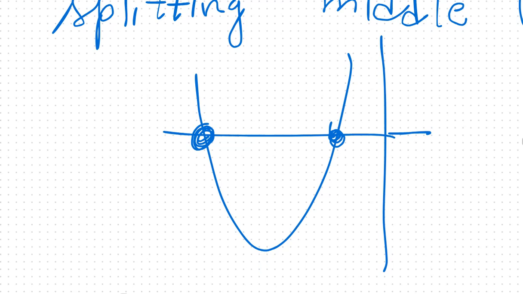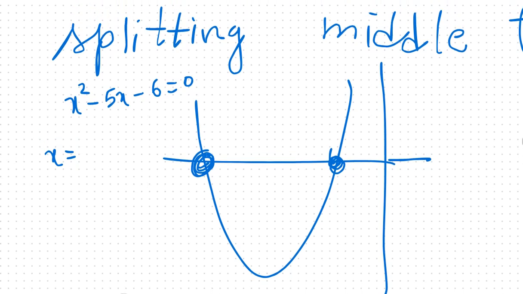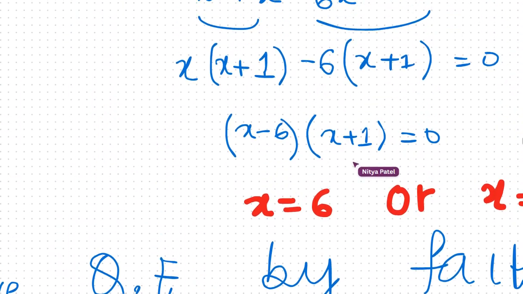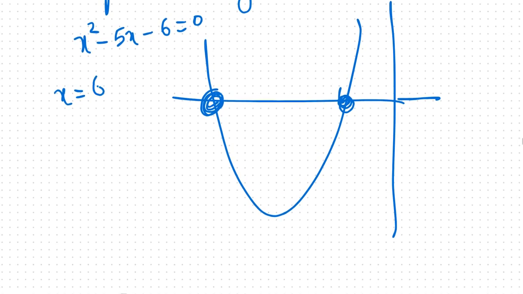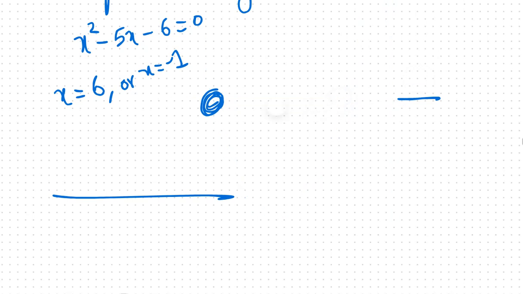Earlier, let's say we are drawing x squared minus 5x minus 6. The values of x which we got are x equals 6 or x equals negative 1, right? What that means is, let's say this is the x axis. The x-intercepts are those. X-intercept means x values basically.